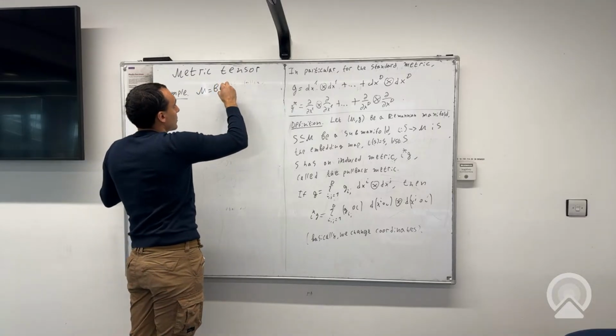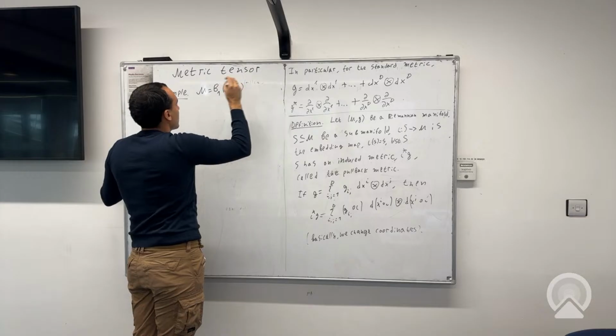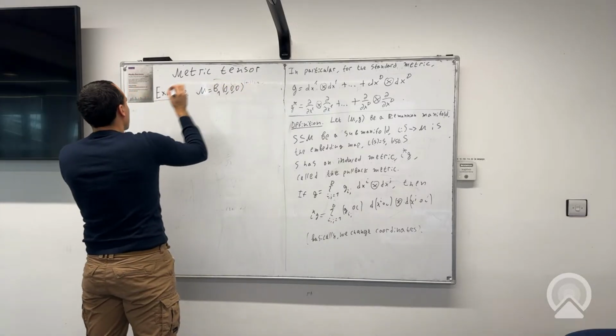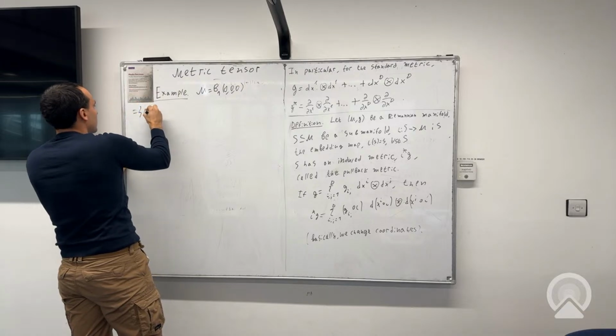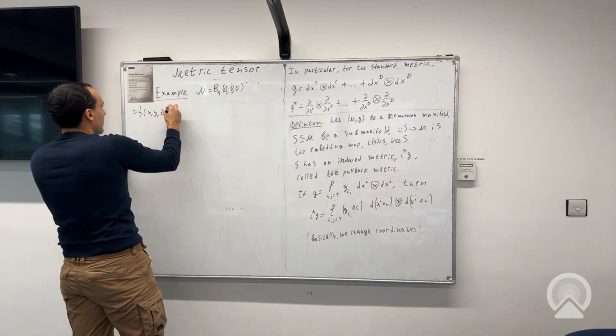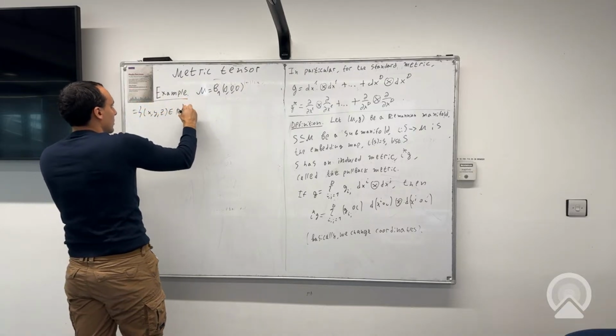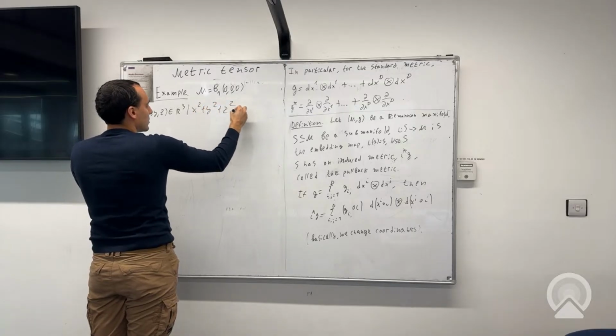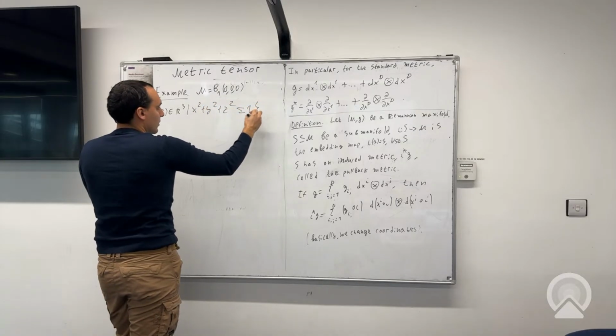So it is the set of (x, y, z) in R^3 with x squared plus y squared plus z squared less than or equal to 1.